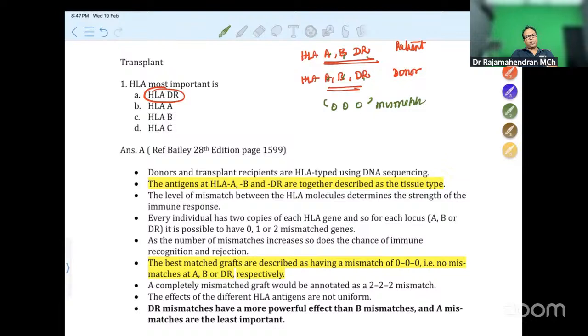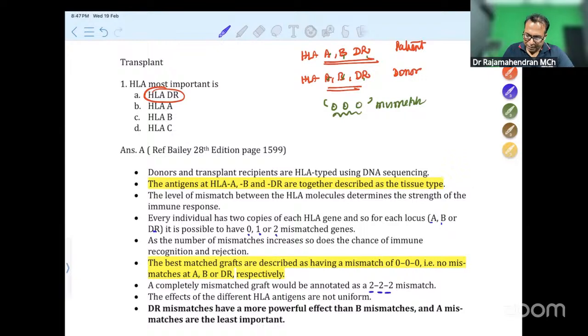So 0-0-0 mismatch is the perfect graft. If there is any one or any 2 mismatches, accordingly we have to tell them as 2-2-2 mismatch. Every individual has 2 copies of each HLA gene. So for each locus A, B, or DR, it is possible to have 0, 1, or 2 mismatched genes.